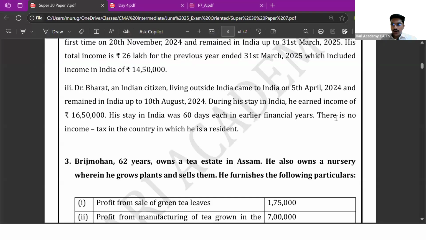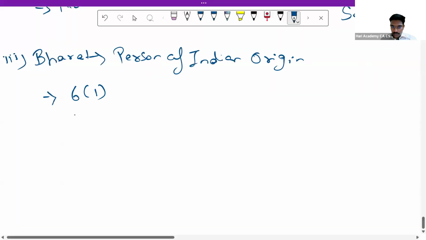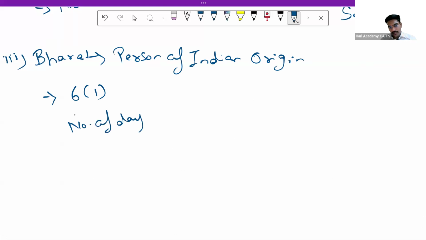So he came to India on 5th of April and remained in India up to 10th of August 2024. So number of days in previous year. So from 5th of April till 30th of April, April we have only 30 days, right?